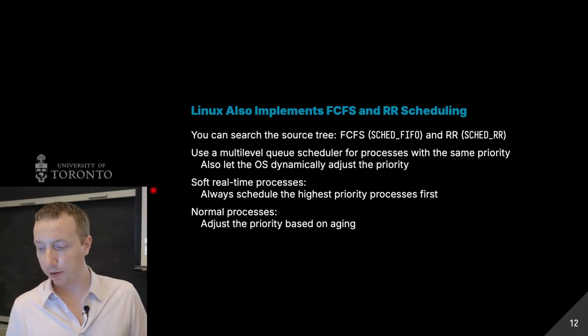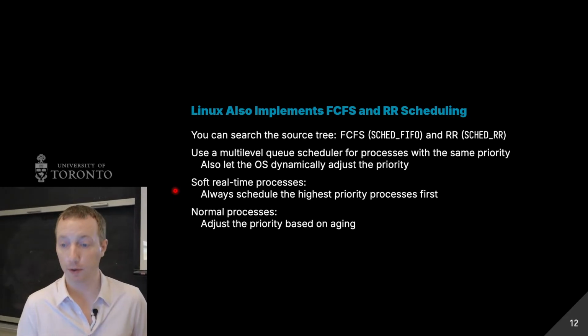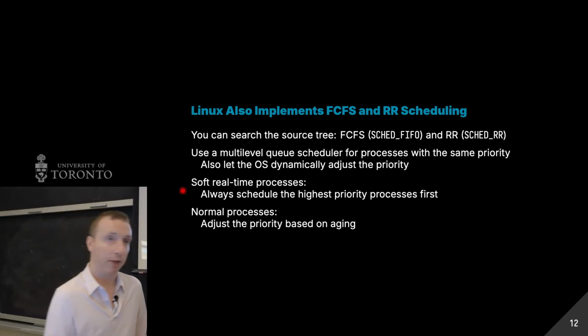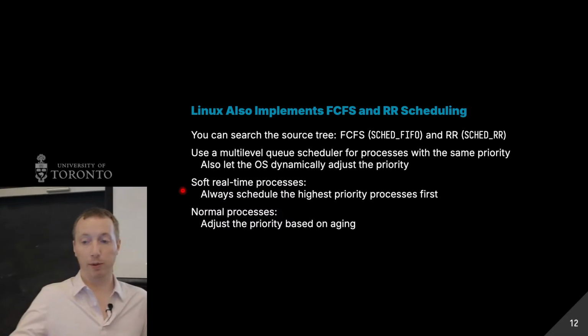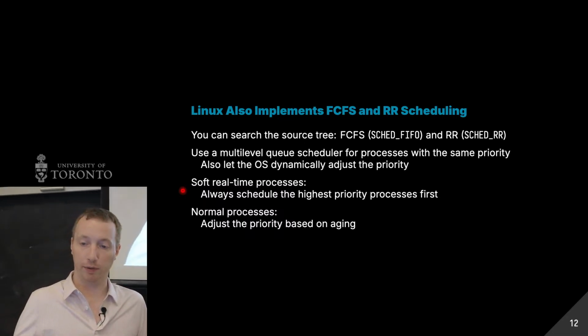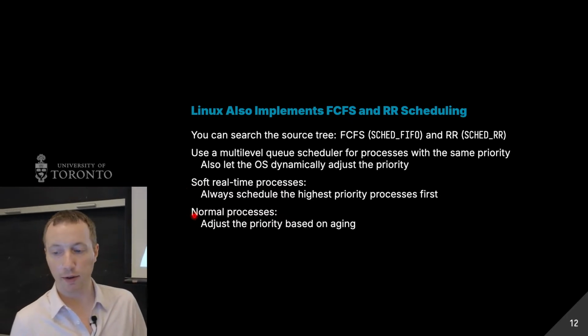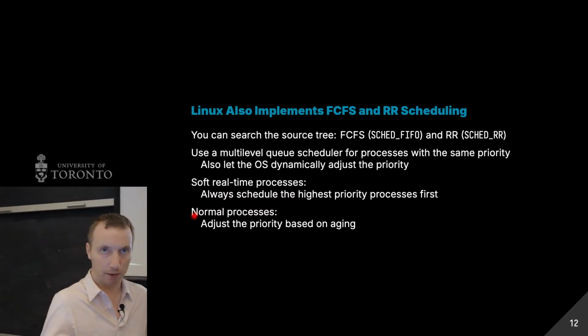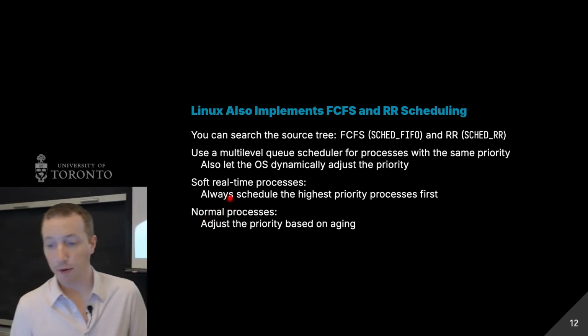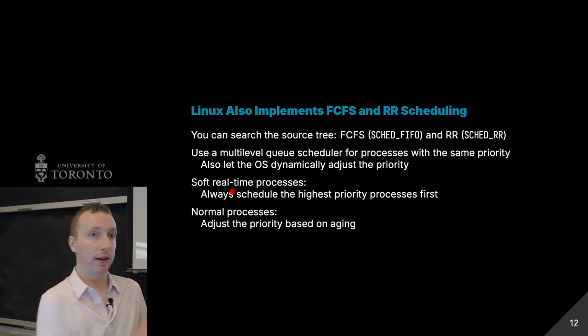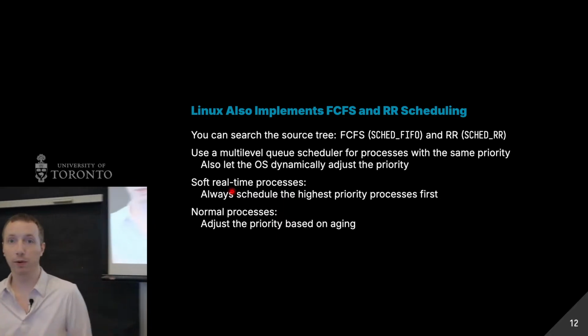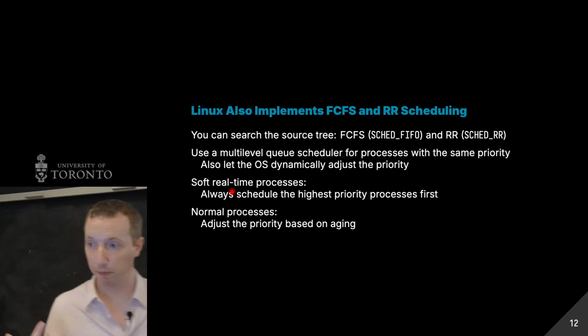There are basically 2 types of processes on Linux. There are soft real-time processes, and the rule there is it will always schedule the highest priority processes first, and then there are normal processes that just adjust the priority based off some type of aging, which we'll talk about in a bit. For the soft real-time processes, the only scheduling algorithms used are either round robin or first come, first serve.